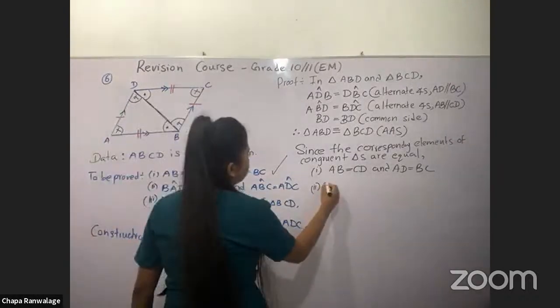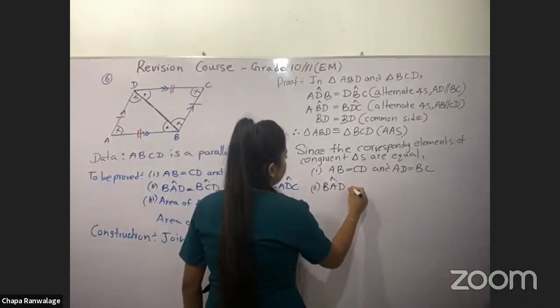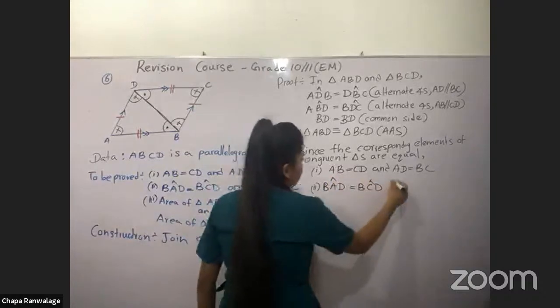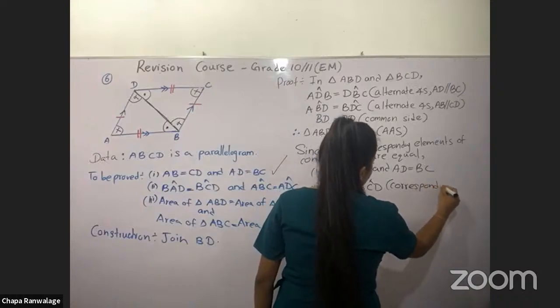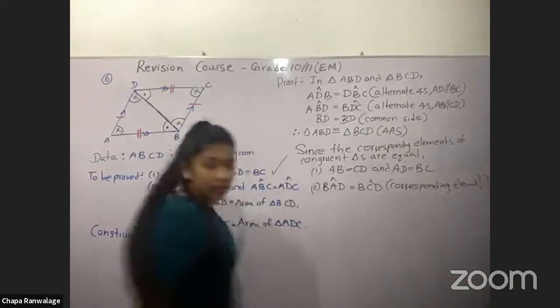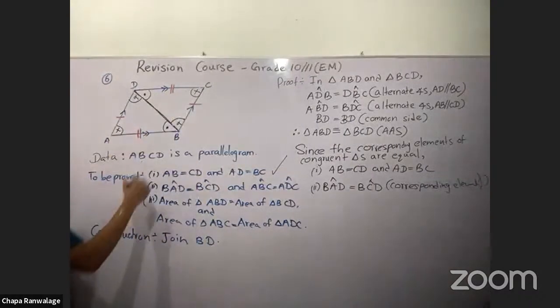BAD is equal to BCD. Again, corresponding elements. අනිත් දෙන්නා ගන්න කොහොමද? මෙයයි හරි. මේ සෙට් එක.